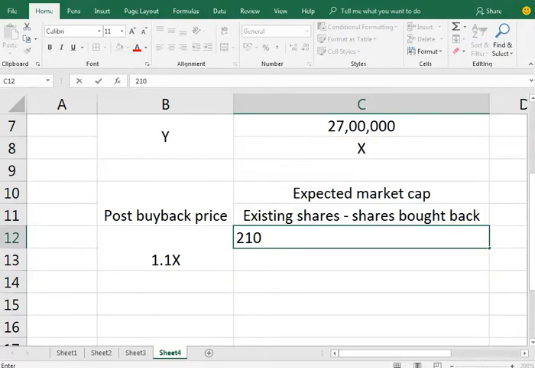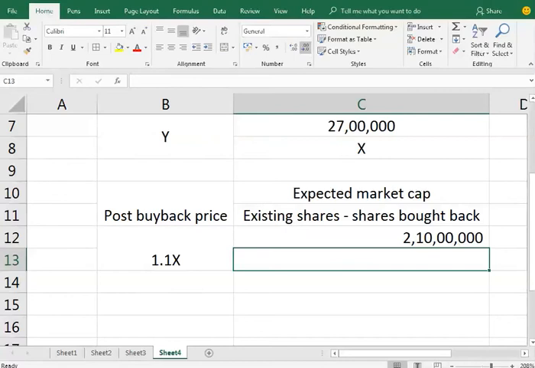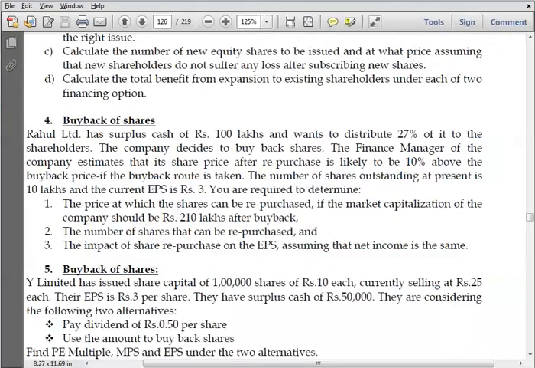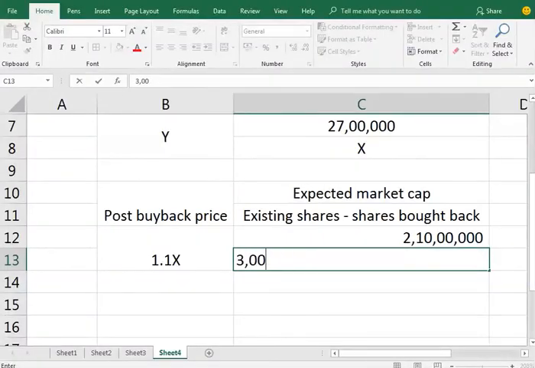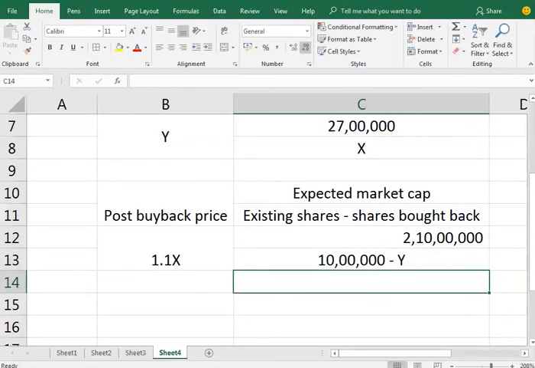Market cap expected is 210 lakhs. And existing shares is, sorry, 10 lakhs. And the shares bought back assumption was Y.